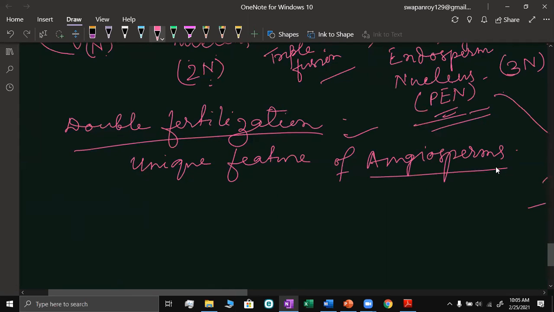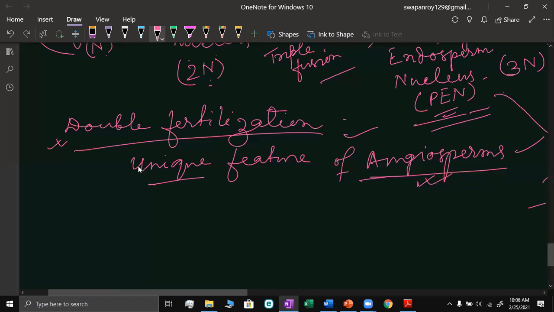It is not found in any group of the plant kingdom: not in algae, not in bryophyte, not in pteridophyte, not in gymnosperm, only in the angiosperm.